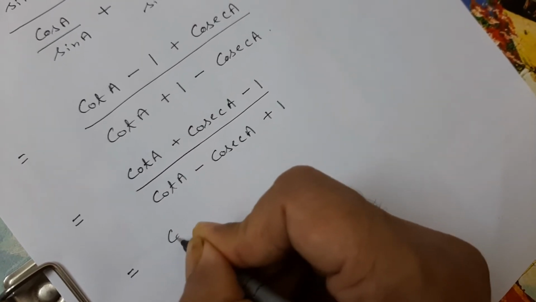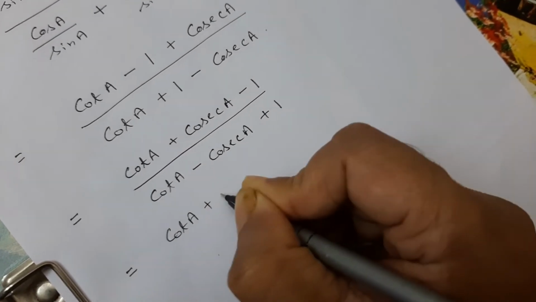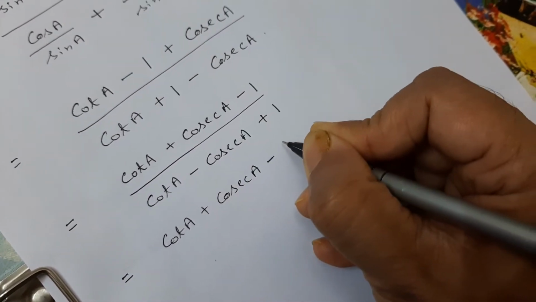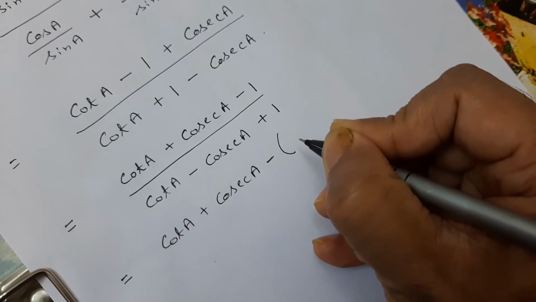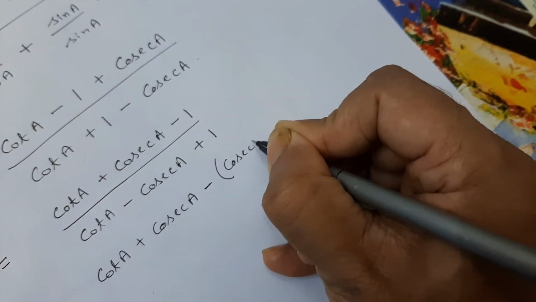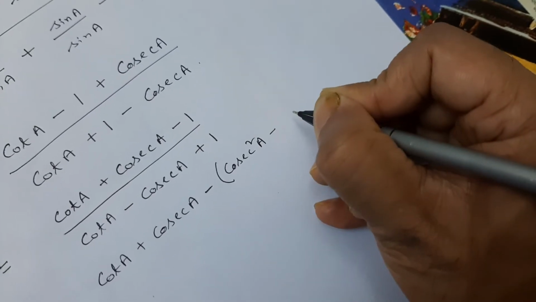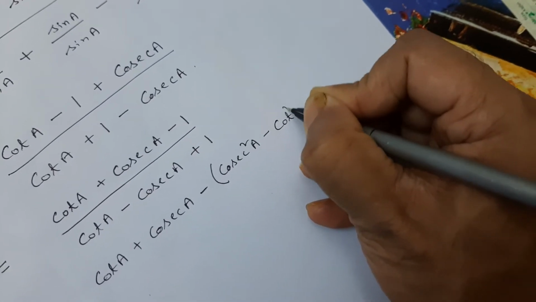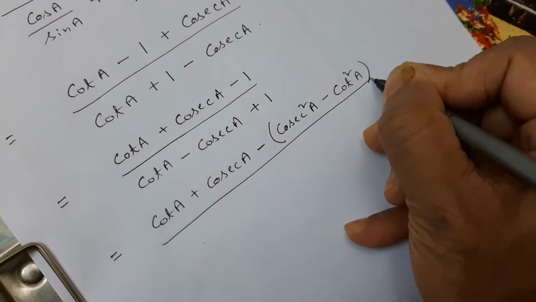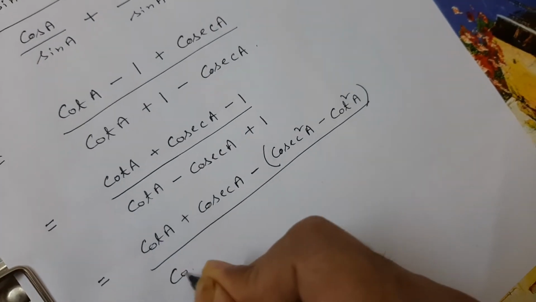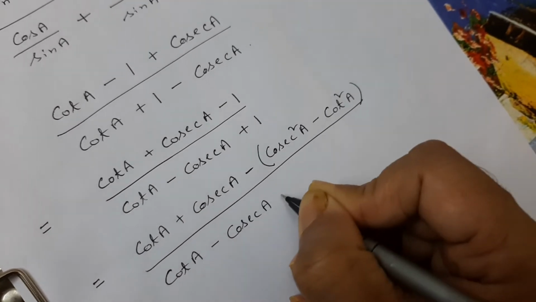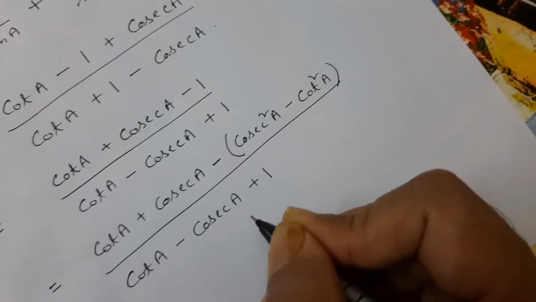So cot A plus cosec A minus 1 equal to, we can write cosec square A minus cot square A, divided by cot A minus cosec A plus 1.